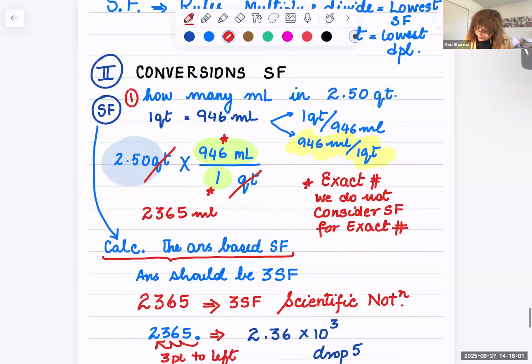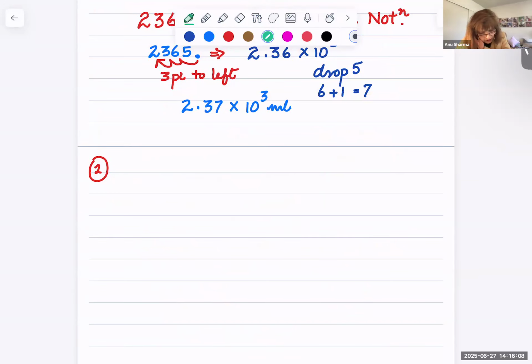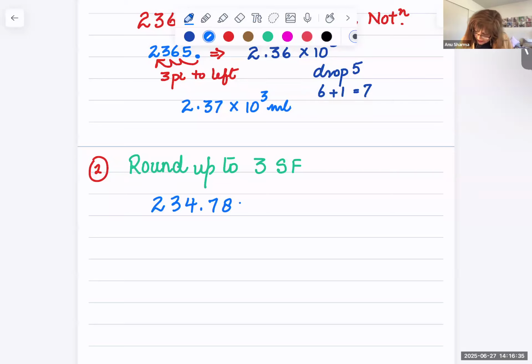Let's say some other problems: you have a number and they're saying round up to 3 significant figures, and the number is 234.789.